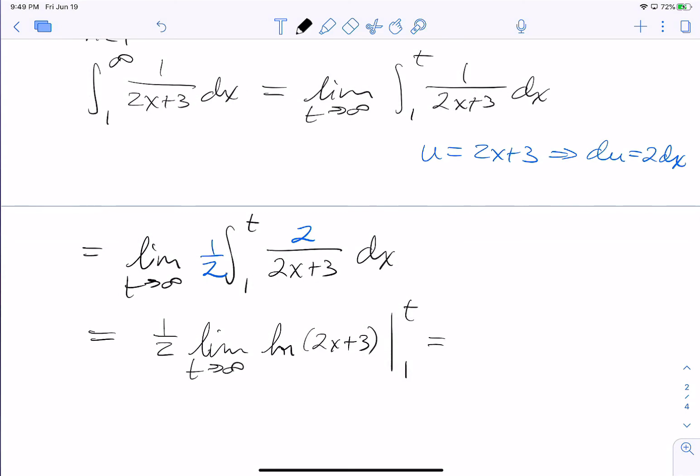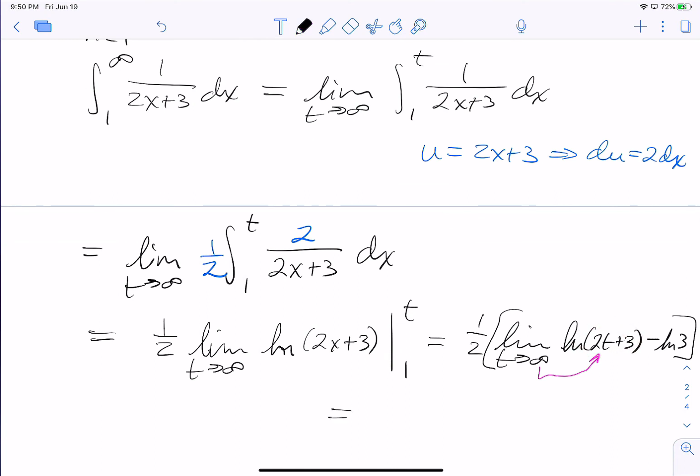Well, if I put t in place of x, and then take a limit as t approaches infinity, what we have is 1/2 out front, right? Times the limit as t approaches infinity of the natural log of 2t plus 3 minus the natural log of 3 from plugging in 1, the lower limit. But what I was starting to say is that if I plug infinity into t, the natural log is going to go to infinity.